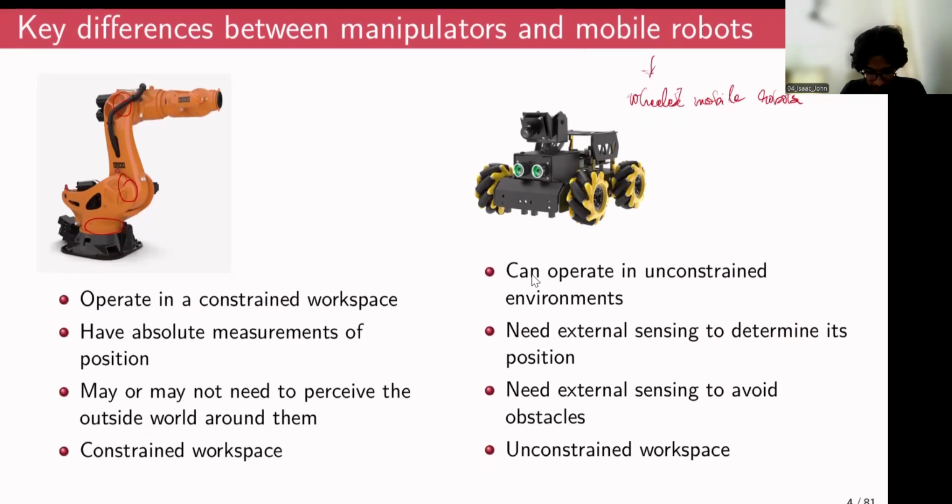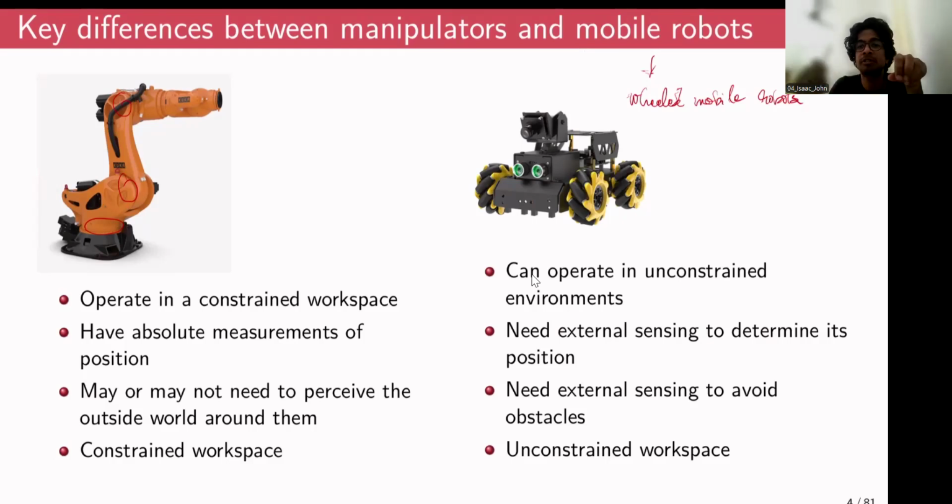The third point is that it may or may not need to perceive the outside world around it. In the case of a robotic manipulator, depending on the application, it may or may not require additional sensors to perceive the world around it. Because a manipulator mostly works in a well-defined, constrained workspace.